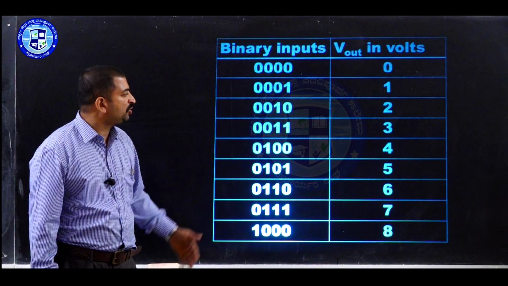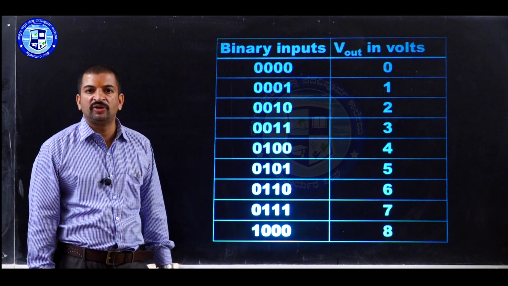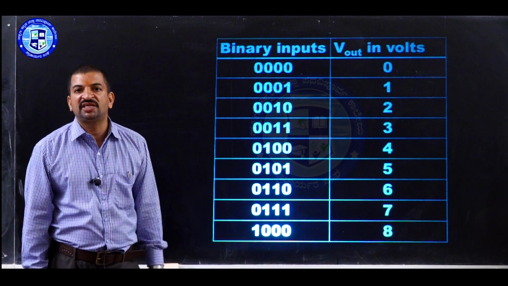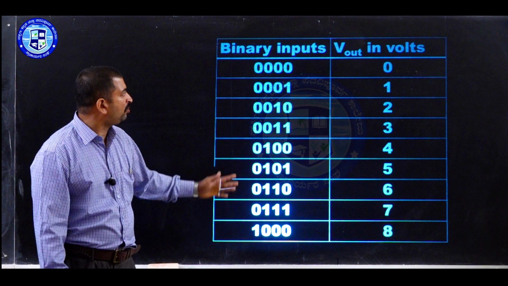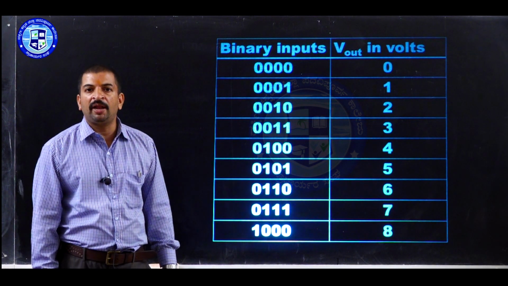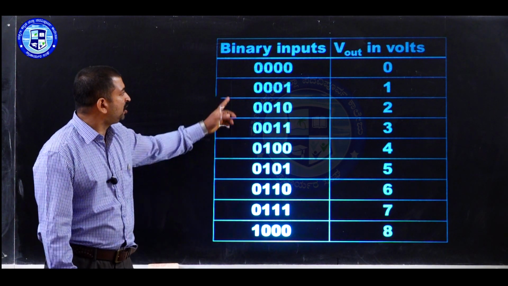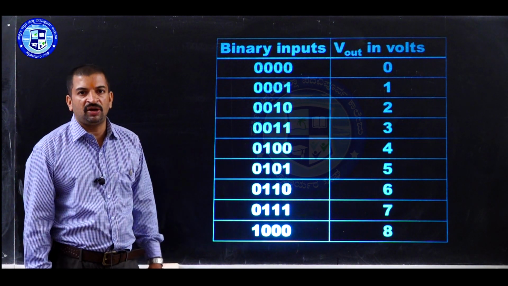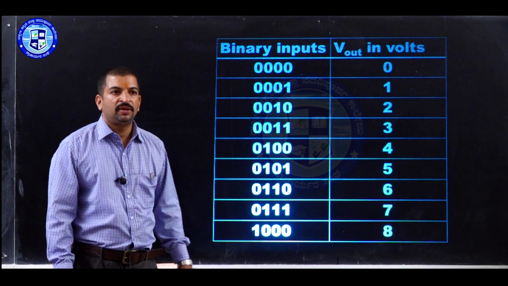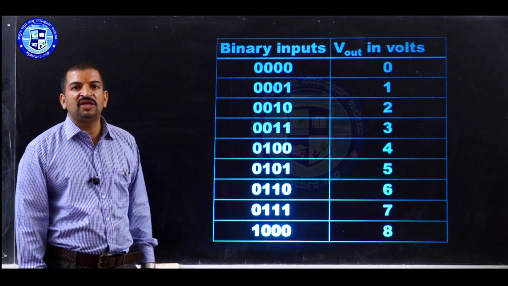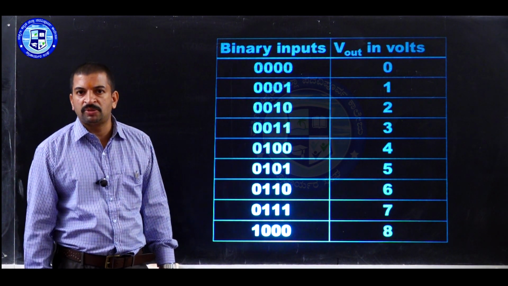The table below shows the output voltage produced for different combinations of inputs. The table is shown for a 4 input DAC. Here, if the inputs are 0, 0, 0, 0, then the output will be 0 volt. When the inputs are 0, 0, 0, 1, output becomes 1 volt.